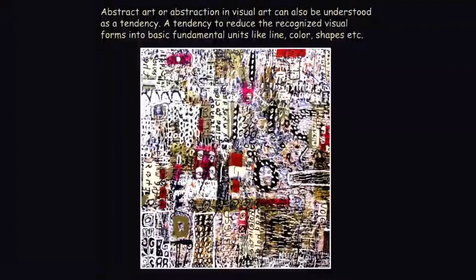Abstract art or abstraction in visual art can also be understood as a tendency. There are many abstract artists for whom abstraction is not a hardcore agenda. We will see works by such artists who begin with abstraction and end in abstraction.